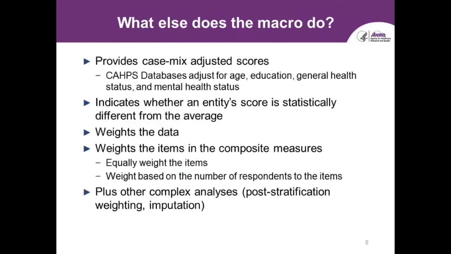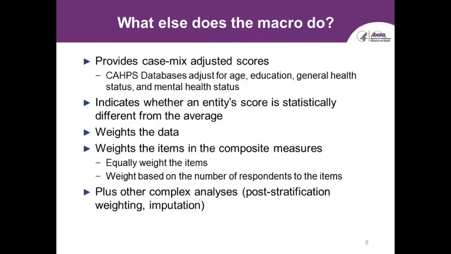But it does more than that. It also provides case mix adjusted scores. The case mix adjusted scores adjust for things that may impact CAHPS scores due to things outside of their control, for example, respondent age or other socio-demographic characteristics that could affect the entity's scores.